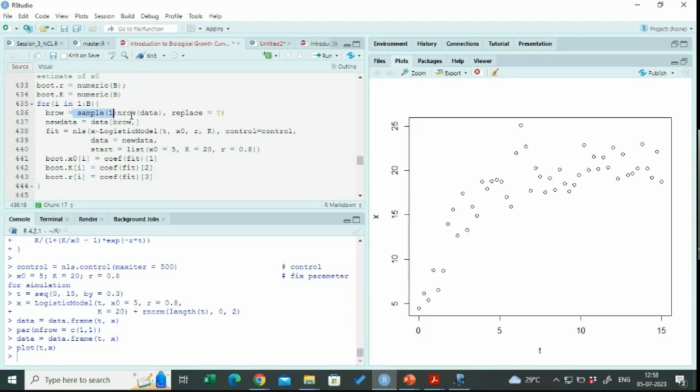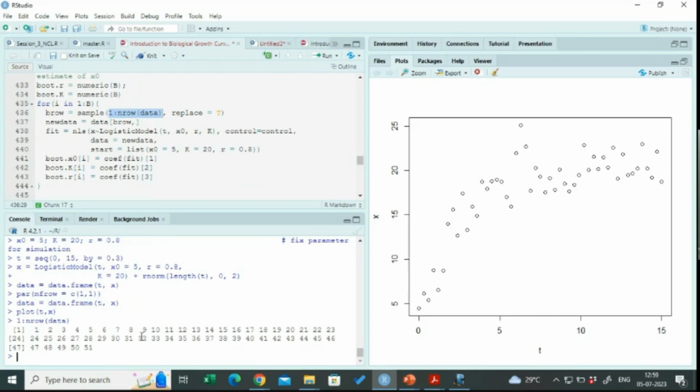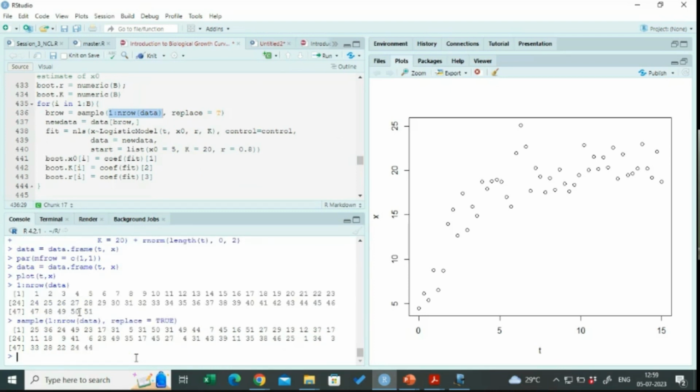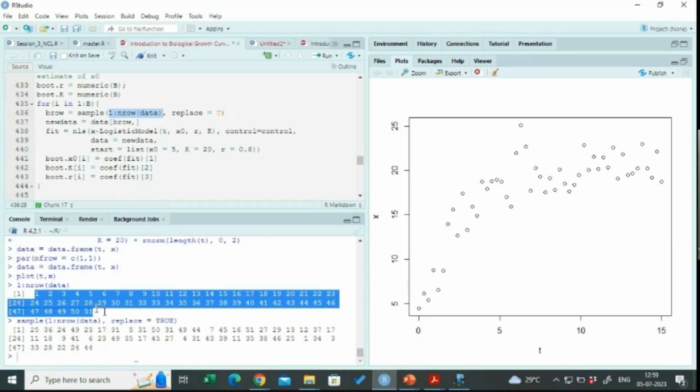In the same procedure, I have the number of rows. 1 to n row of data means 1 to 51; there are a total of 51 points here. So once I perform a sample of 1 to n rows of data with replace equal to TRUE, I actually get a resampling of the original data values.